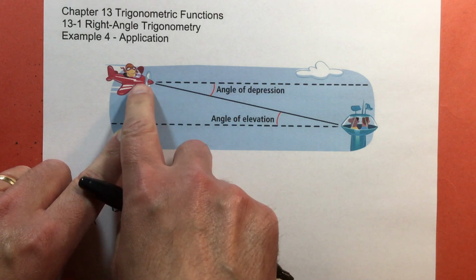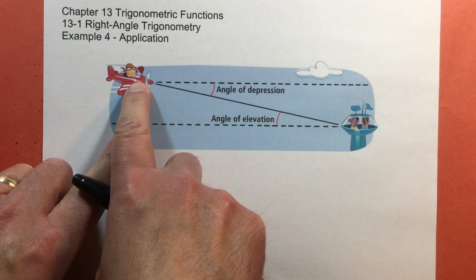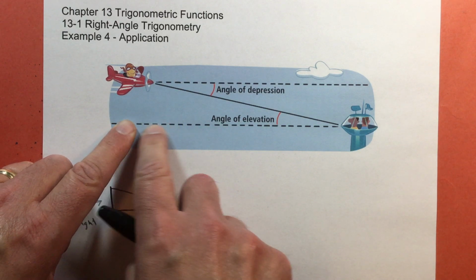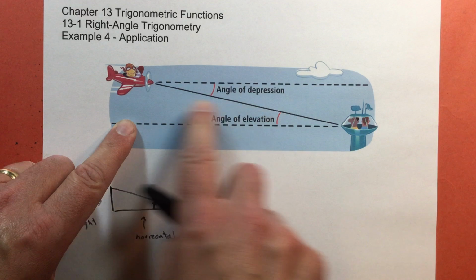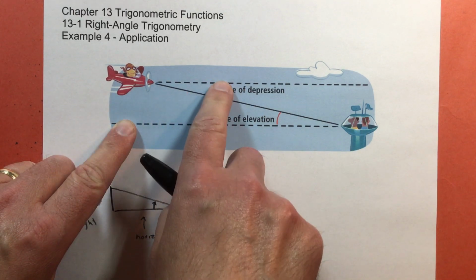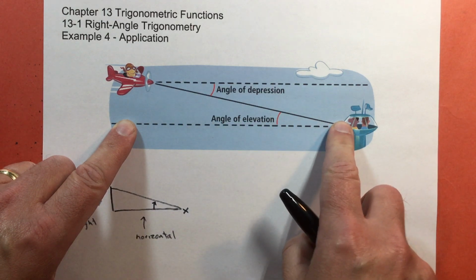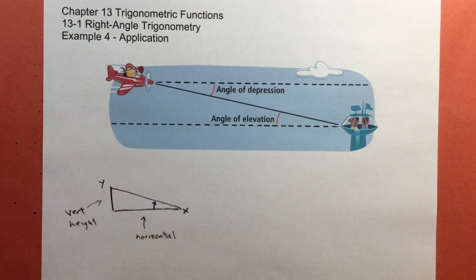Or, since the airplane probably has an altimeter, if it knew its altitude and we knew the angle, which from the airplane's point of view would be an angle of depression, I'll draw that picture in a second, then we could figure out the horizontal distance, and how far the airplane needs to go to get to the tower, or the airport.